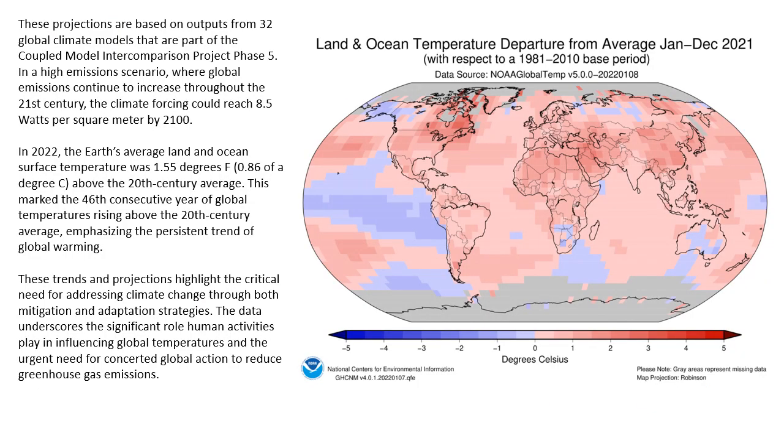And now look at this figure. This figure shows the land and ocean temperature departure from the average, January to December 2021, with respect to the temperature during the 1981 to 2010 base period.